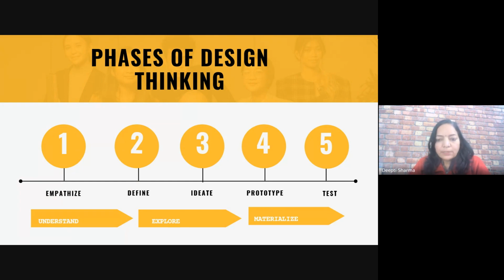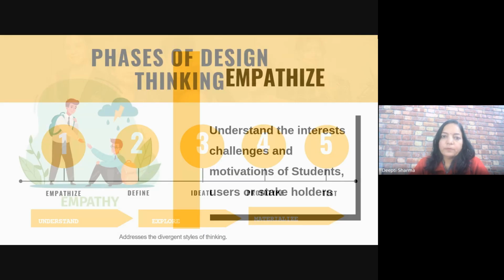In prototype and test, the faculty members as well as the students will work like a team to materialize the concept they have already understood, and they will explore further new ideas in the form of patents as well as research papers and many more things.